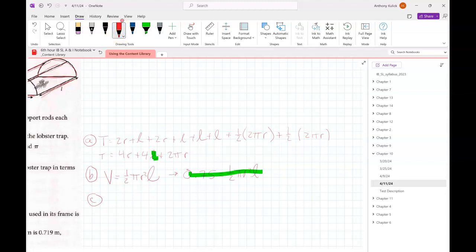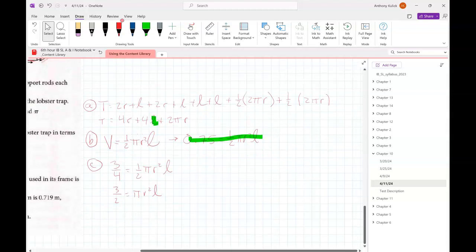So 0.75 is 3/4. So if I multiply both sides by 2, that'll get rid of the 1/2, right?